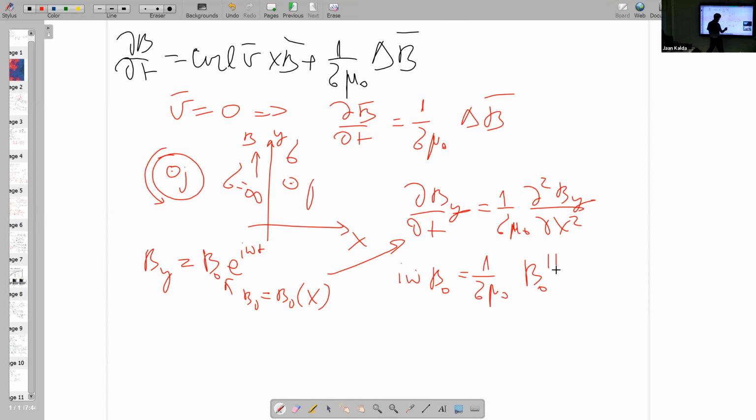And this equation we can solve using the characteristic equation. So we have lambda squared equals sigma mu naught i omega.